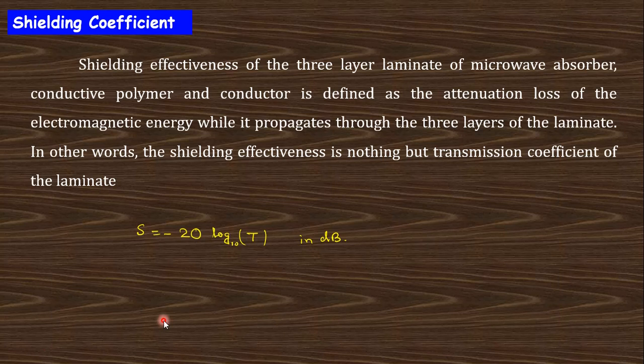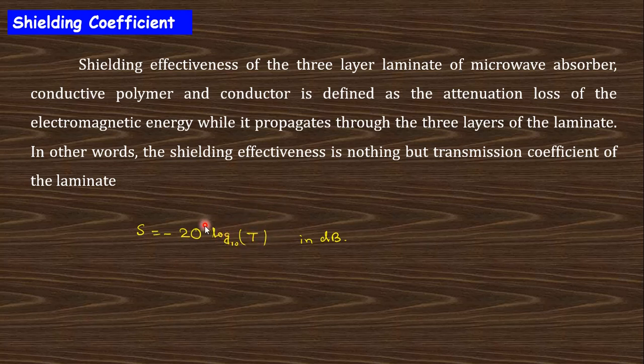Clear? And the next point is the shielding coefficient. You know the shielding factor within plasma. If you want the plasma confined in a certain region, that is actually shielding. That means the plasma will be shielded within a region, the shielding effect. That means the microwave can also be shielded within a region, and this can be found from the transmission coefficient.